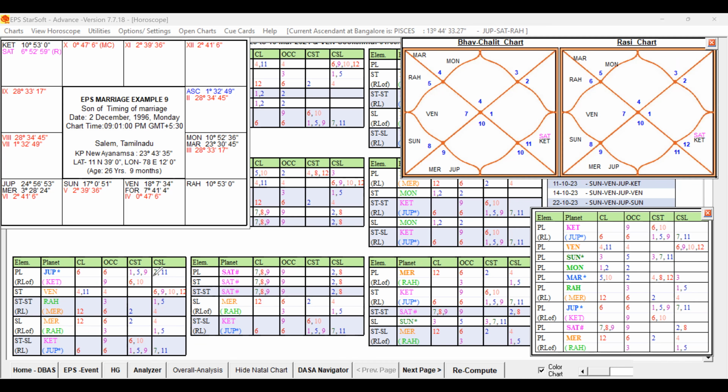You can see the 7 sublord 6 is connected to 4, 11, 4, 6, 9, 10. It is also talking about own business prospects, fourth house related business prospects. So 7 is also talking about own business, right? So that is connected to 6, 6, 7, 1, 11.